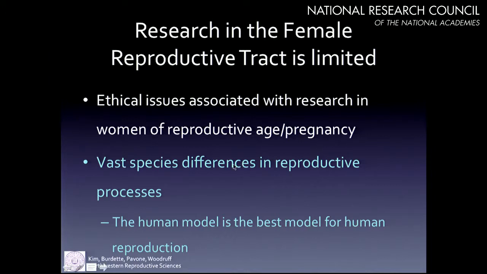Such species variation stems from estrous cycle, number of follicles that ovulate, the implantation process, the type of placentation, the length of gestation. These are all things that differ from humans. So that is a good reason for us to really go back to the human to study human reproduction.